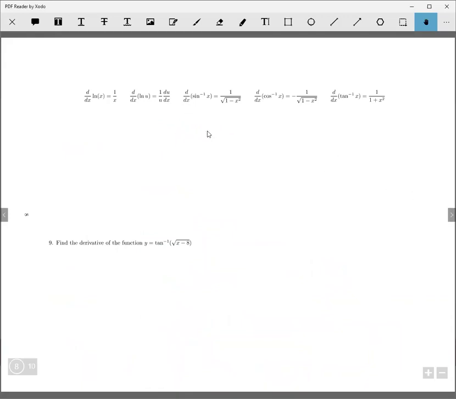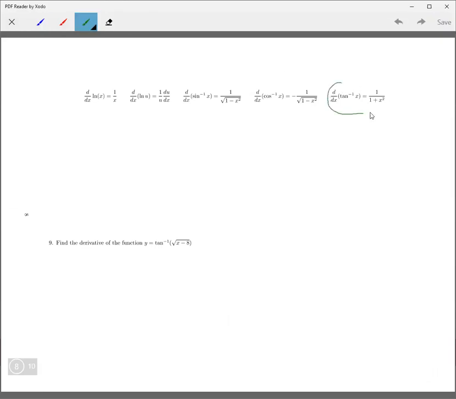Okay, so the next one, we're going to look at these inverse trigonometric functions. Just for an example, let me show you this one right here. If we let y equals inverse tangent of x, the inverse tangent is actually an angle that makes things work.